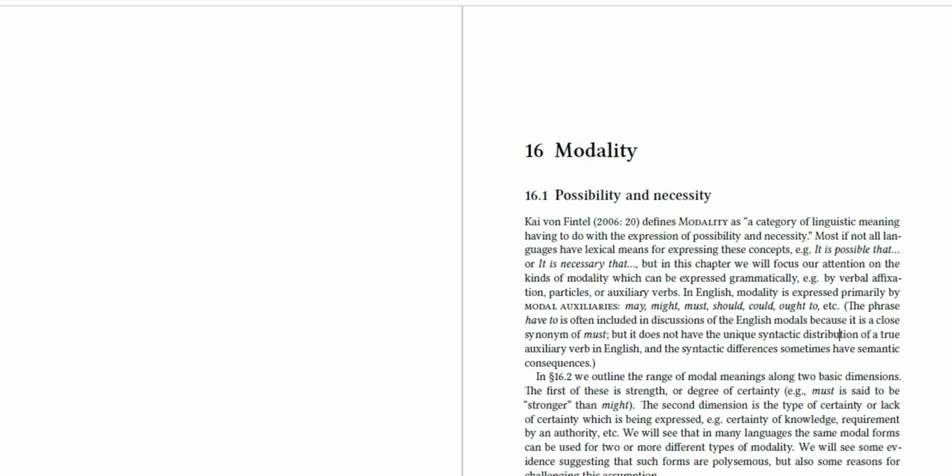In this wider sense, modality can be expressed through a variety of formal and lexical means, such as the morphological mood of the verb, whether the verb is indicative or subjunctive, or sentence adverbials like maybe, perhaps, possibly, and necessarily. And also we can talk about modal auxiliaries like can, may, must, should, and syntactic means.